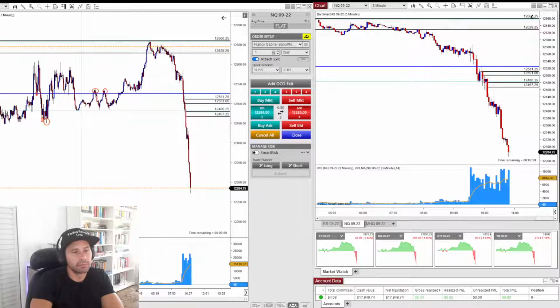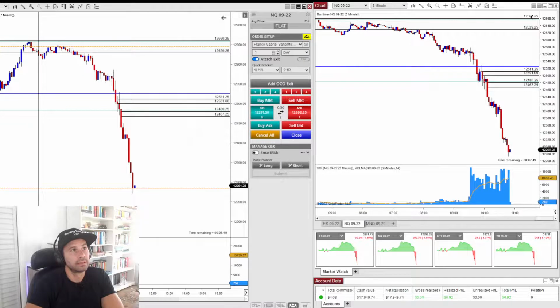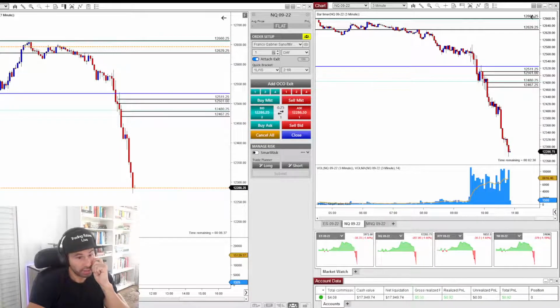But if I want to just jump into this thing short, I'll be chasing, and even if I make money today, I cannot make money consistently. And that's the question that I ask myself. If you enter this trade, is it a high probability, high expectancy trade? And where it is right now, sadly, it's not.